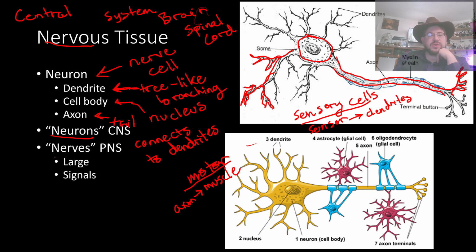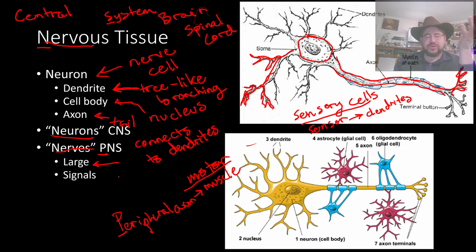And then we refer to nervous tissue as nerves in the peripheral nervous system. Nerves are extremely large. So what you have is bundles of very long axons.